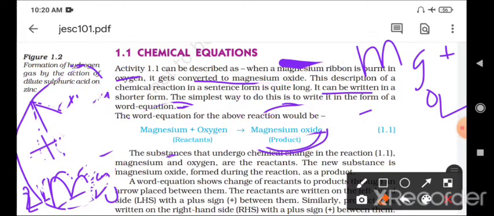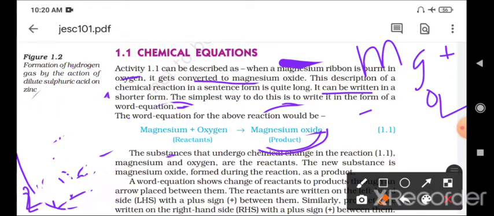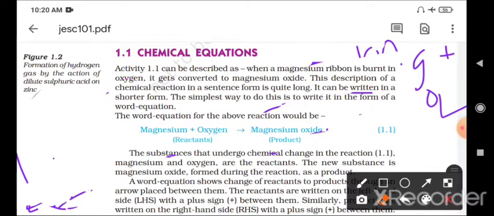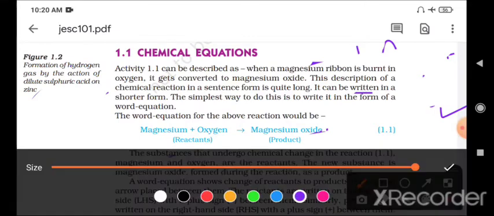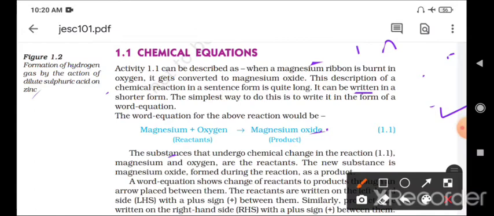So what is the reaction in the first activity? Magnesium reacts with oxygen. It gives a white powder with a white dazzling flame.